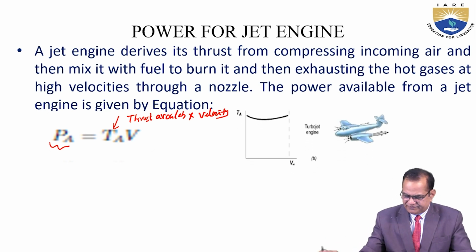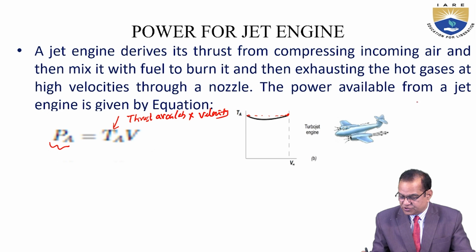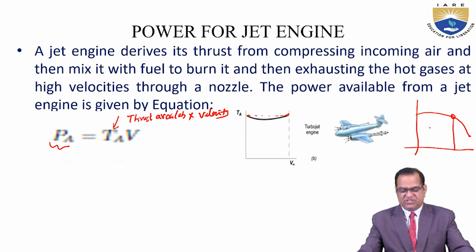If you see here, this is the jet aircraft, turbojet, and here the thrust available is mostly constant. It is not 100%, but if you see the velocity here, it can go up to this velocity. But for the propeller, it is going like this. At a certain velocity, a sharp decrease of power is there.